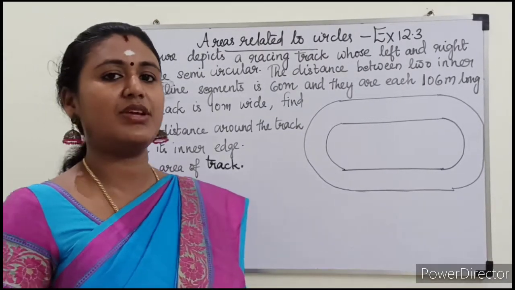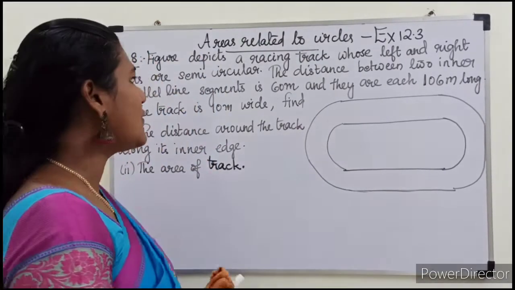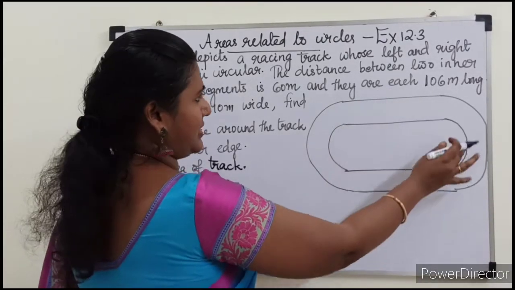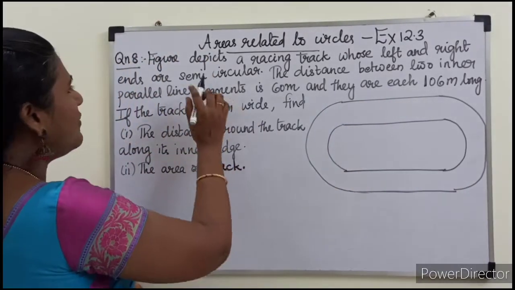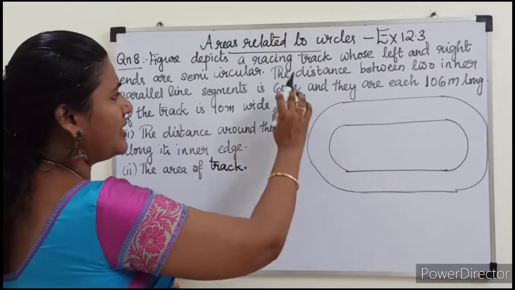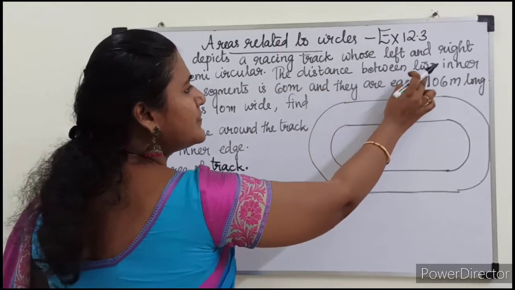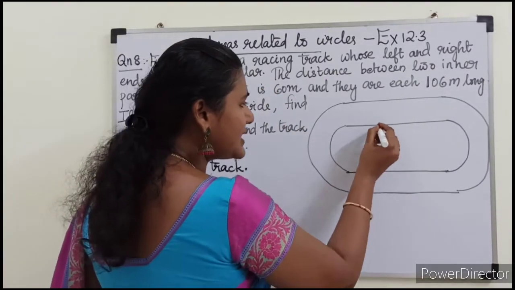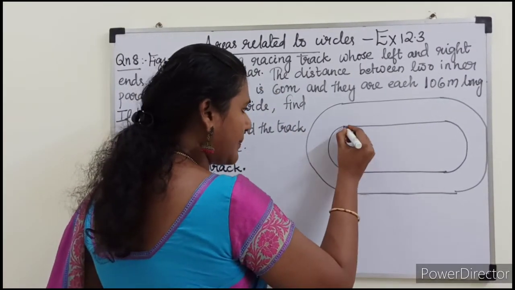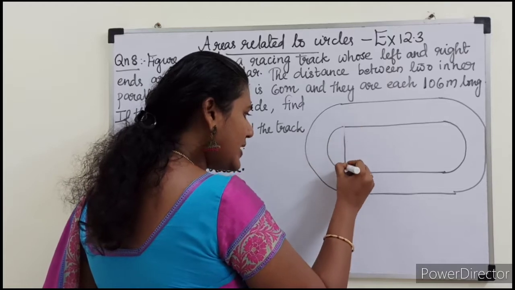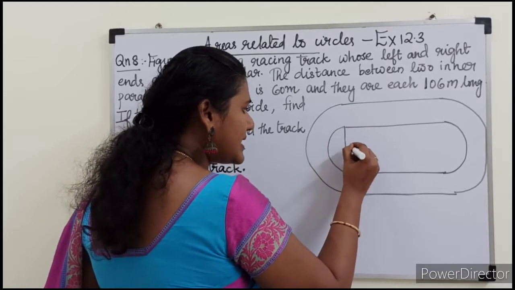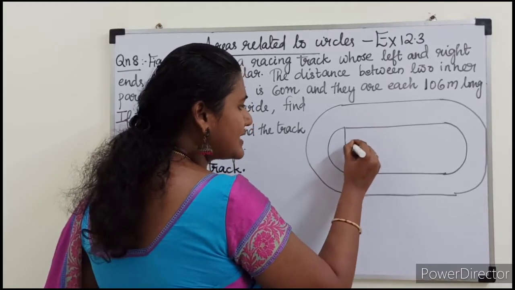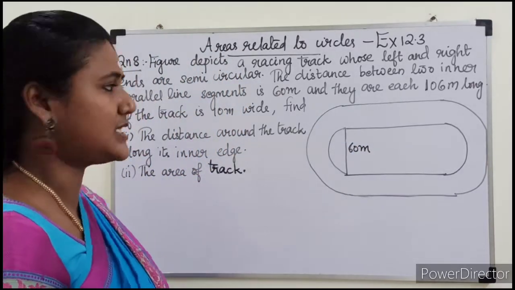So in this question we have 2 subdivisions. First what we have is a track. Let us check what measurements are given. The distance between 2 inner parallel line segments is 60. So these are the inner parallel line segments, and the distance between these 2 parallel line segments is actually 60 meter.